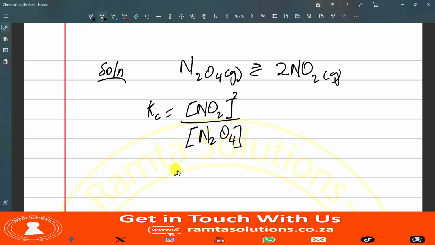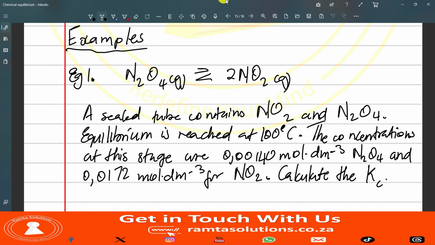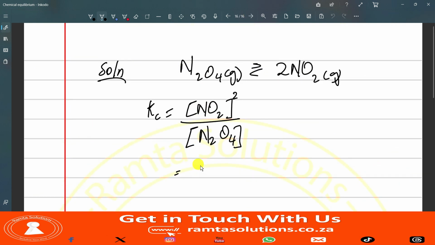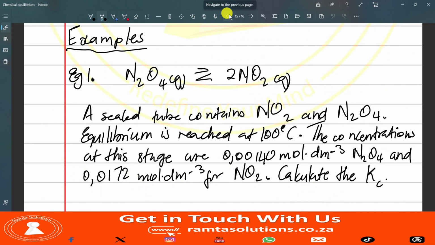So we are sorted. Now, what was the concentration of NO2? It was 0,0172 mole per cubic decimeter. And what is the concentration of N2O4? It was 0.00140.